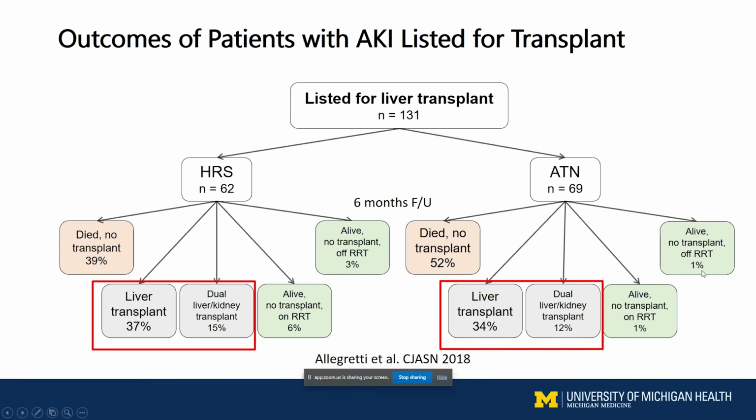So the take-home point from this slide is that once they develop HRS or ATN, they should be listed for transplant. Otherwise, mortality is high, and at least listing for transplant, or transplant, provides them a survival benefit.